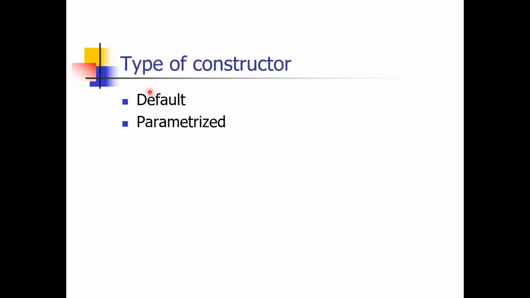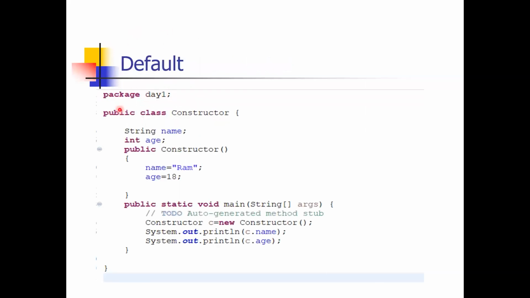Now, types of constructor. A constructor can be used in two ways: either default or parameterized. First, the default constructor. We have created a class named Constructor and mentioned two variables, String name and age.